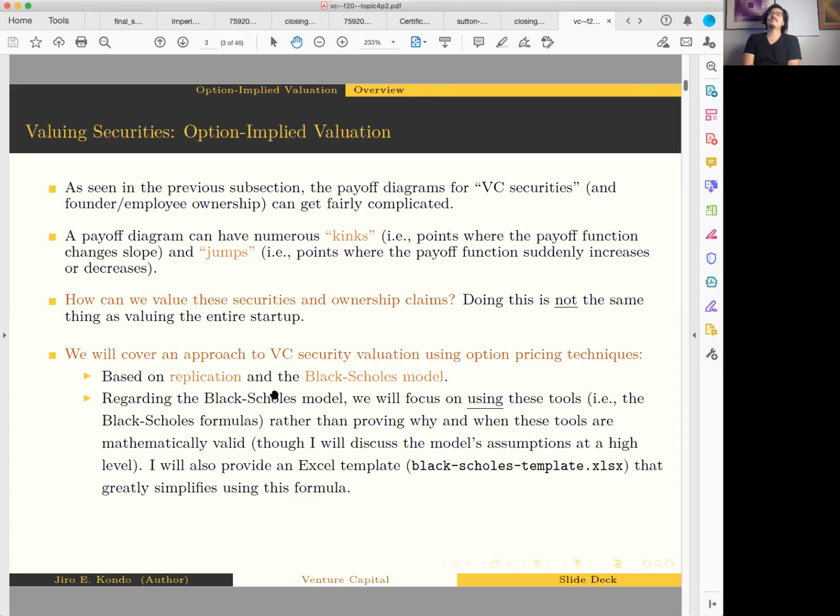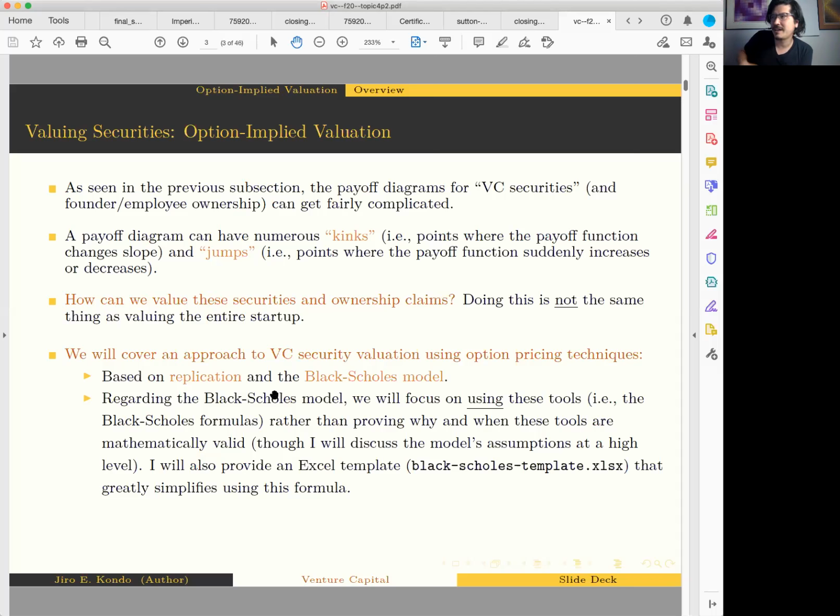So the approach we're going to take, I'm going to describe it at a high level. And if you've never seen it before, and if you've never seen option pricing, which is actually possible, depending on which version of Finance 1 you took, don't panic yet, because I'm going to try to demystify it.